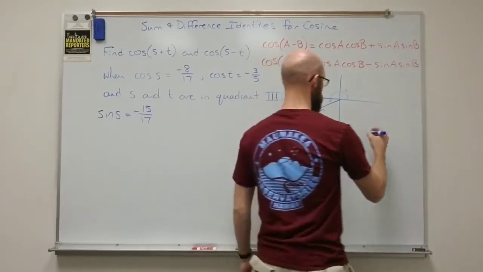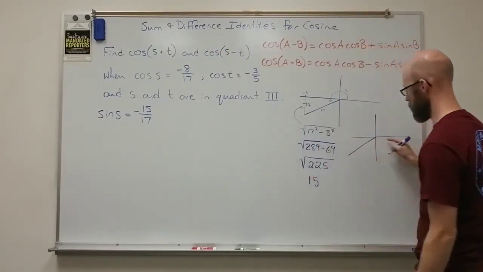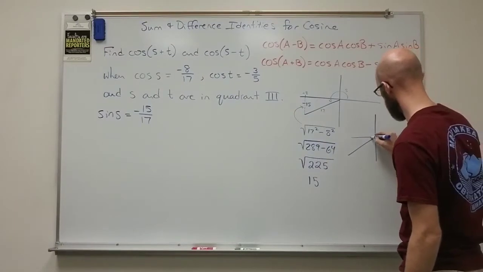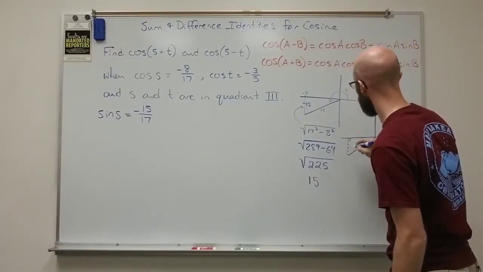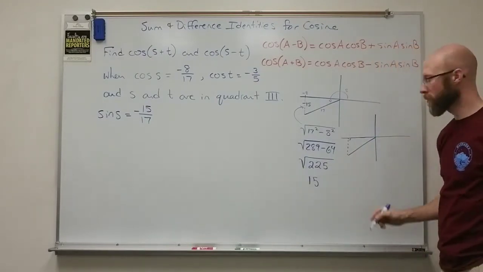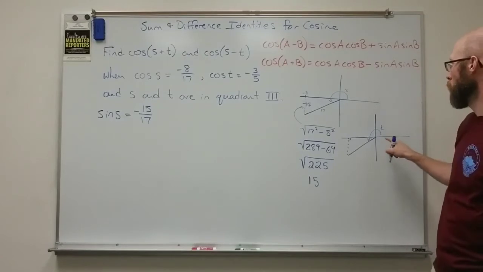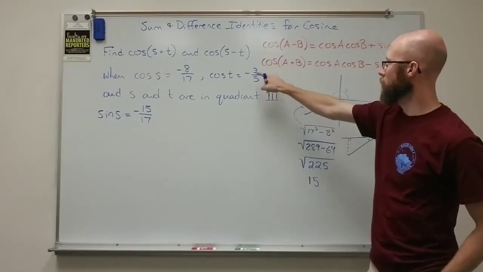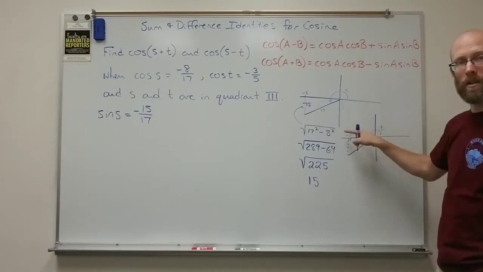So for angle t, I would do a similar diagram. Again, I don't know exactly where that angle is, but I just need to draw something in the third quadrant. Angle t comes around. The horizontal side is the -3, so it's a 3 length.